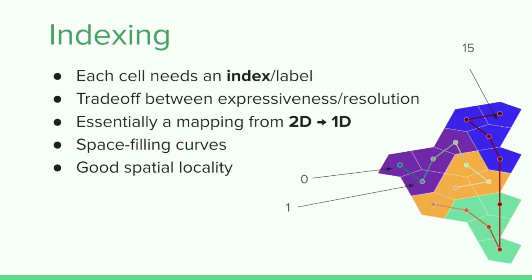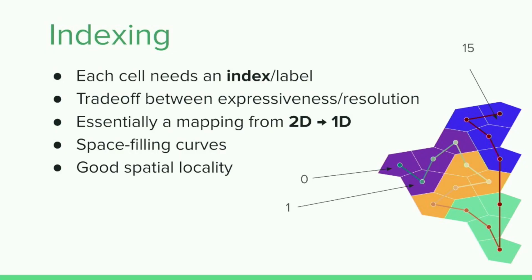So indexing in these grid systems comes down to this problem of how do we represent something that's two-dimensional, the surface of the sphere, in a one-dimensional manner, which might just be a single identifier in a database, or just a number. And it turns out that the elegant way of doing this is thinking of giving an index to each cell as a way of joining the cells with a curve that passes through every cell around the whole world.